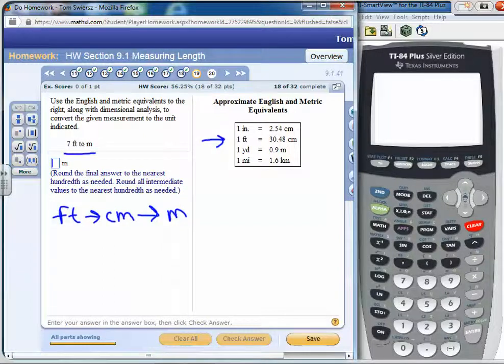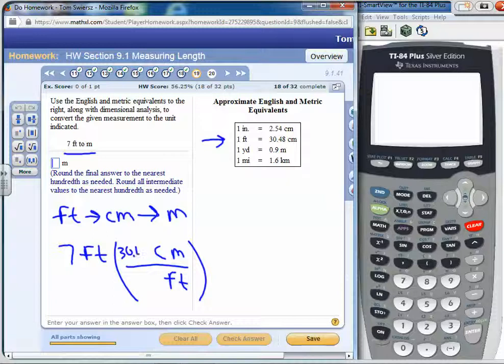Okay, so we can do 7 feet, and we want to convert to centimeters, and it says there are 30.48 centimeters for every 1 foot. 30.48 is in the numerator, so we're going to multiply. Okay, so we can take the 7 times 30.48.